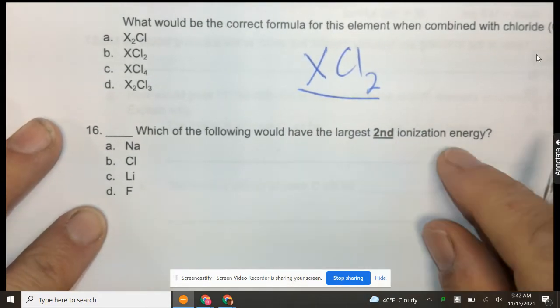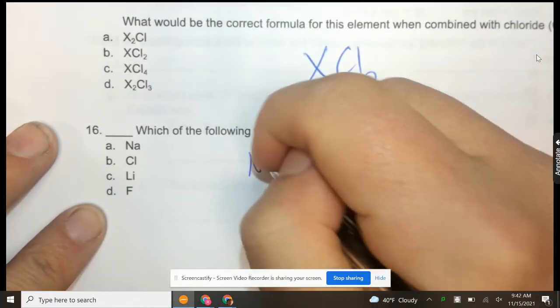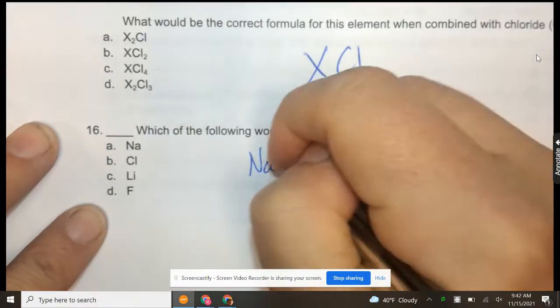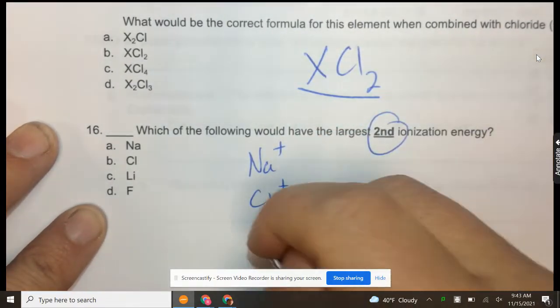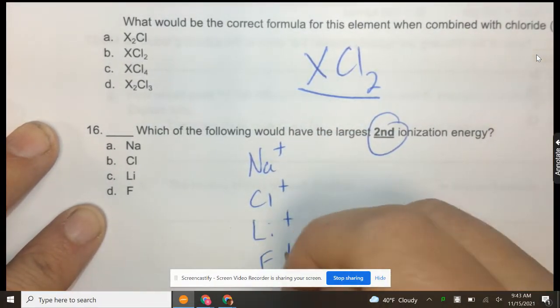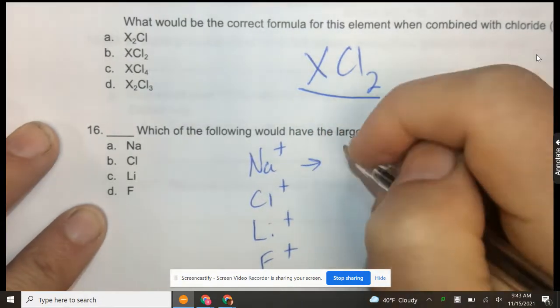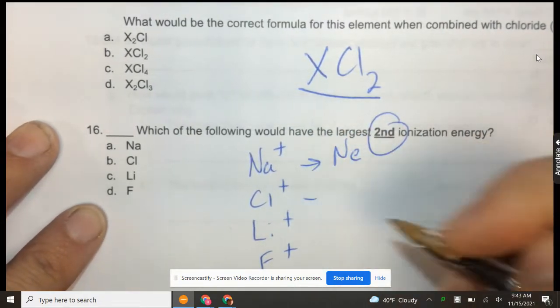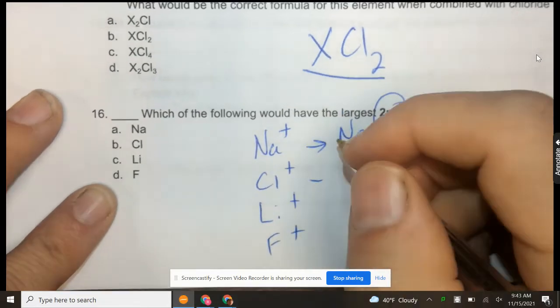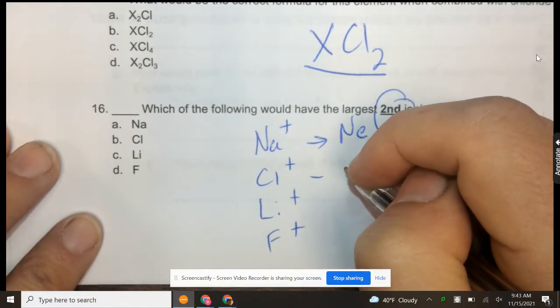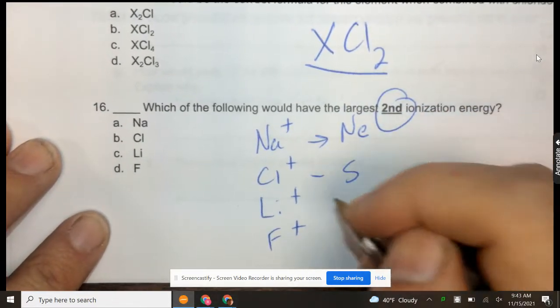Largest second ionization energy, talked about it in class. Now this is the second, so all of these would have already lost an electron. If sodium loses an electron, it's isoelectronic with neon. Chlorine loses an electron, it's isoelectronic with sulfur.